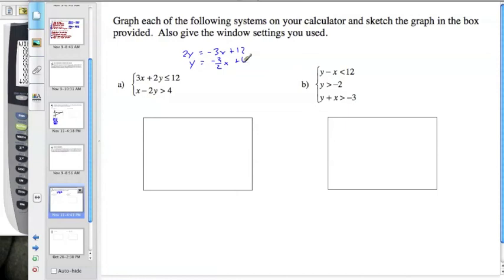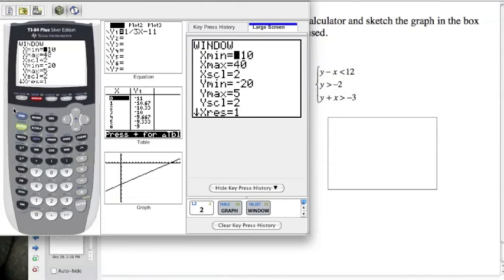My other equation is going to be -2y equals -x plus 4. Divide by -2, and I will get 1/2 x minus 2. So I'm going to graph those. I'm going to put those into here.